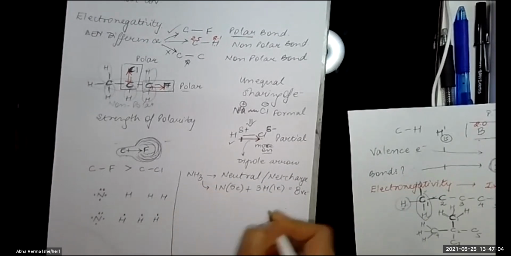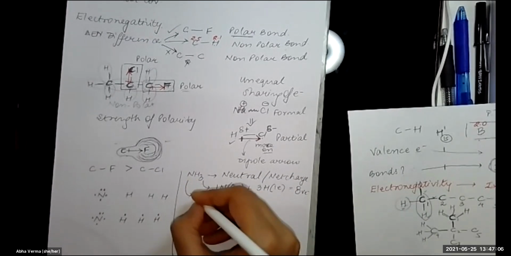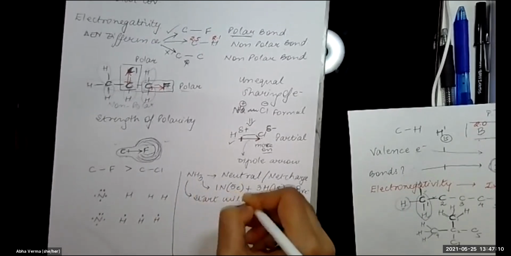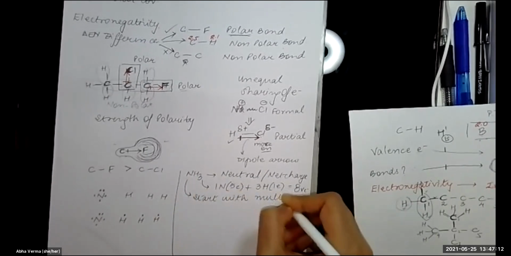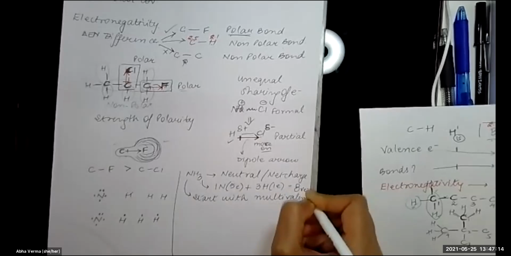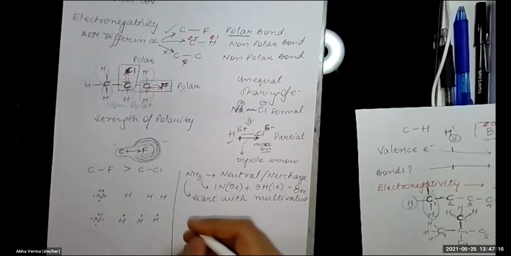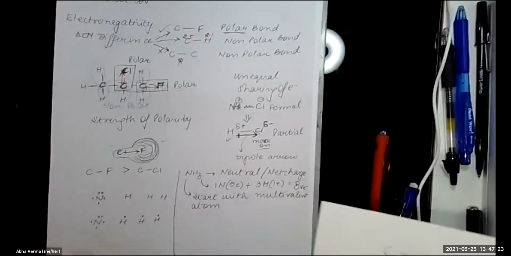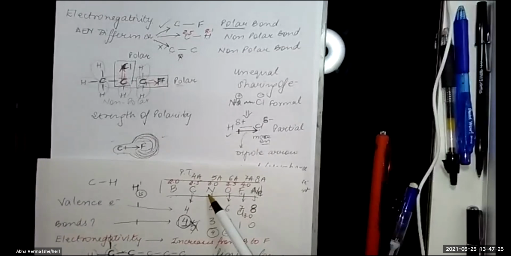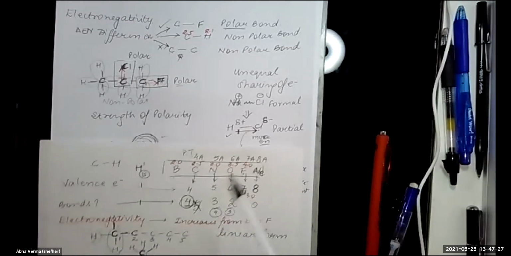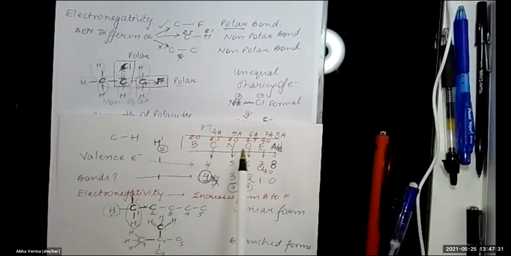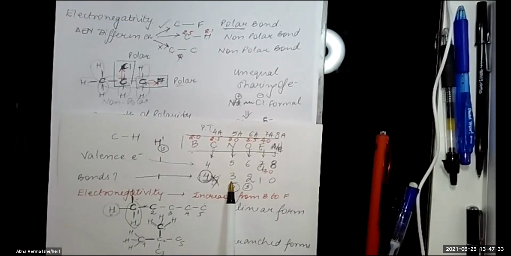When you start to write out your Lewis structure, always start with the multivalent atom. What does that mean? Looking back at our periodic table, who can make more bonds, hydrogen or nitrogen?